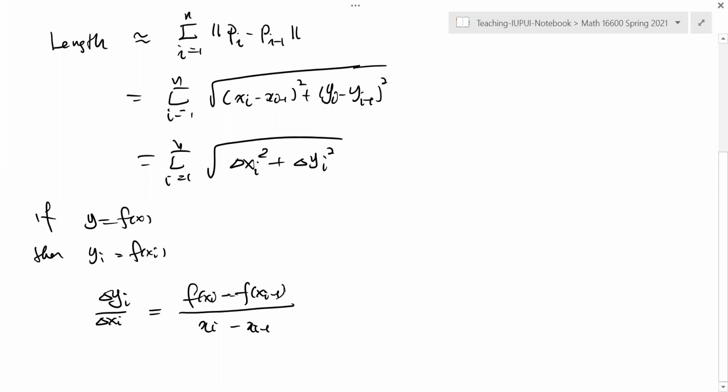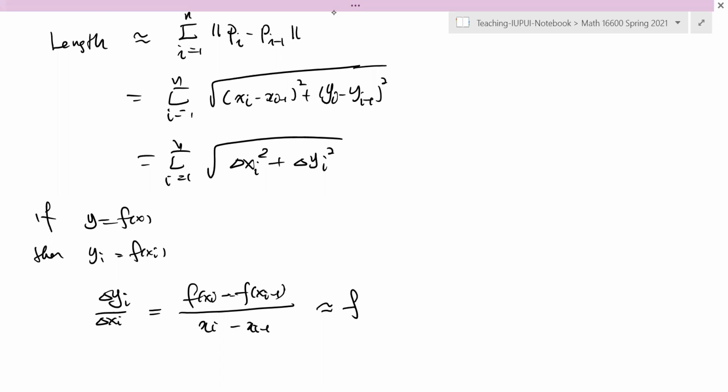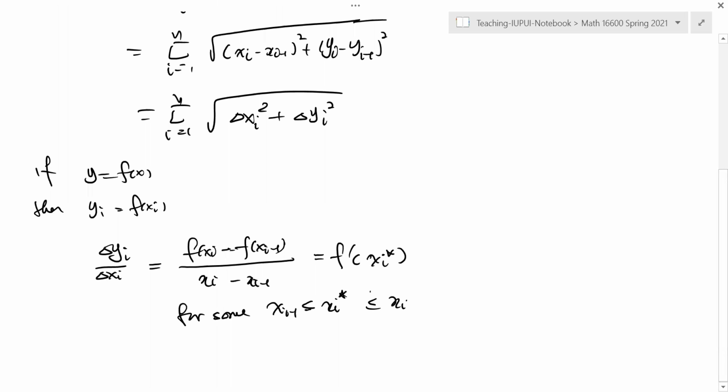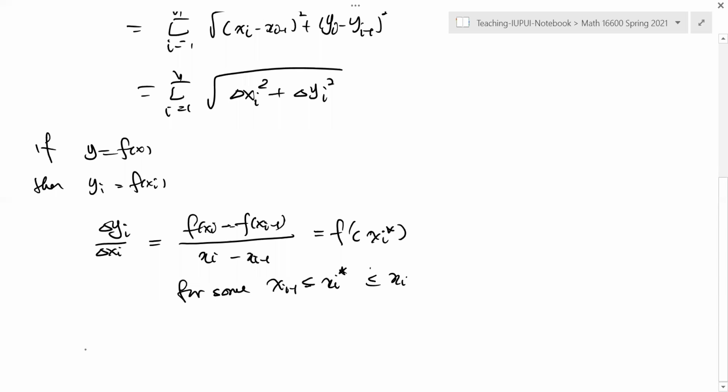By the mean value theorem, it's not almost, it's exact: there's a point, and this is going to be the derivative f prime of some xi star, for some xi star between those two points.